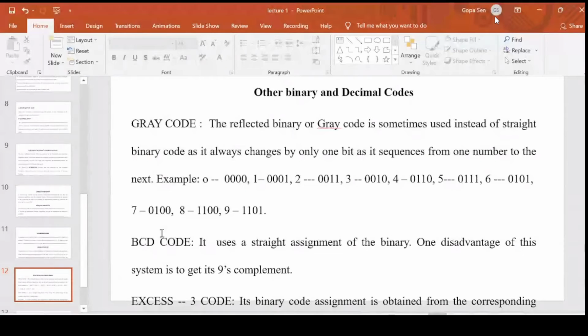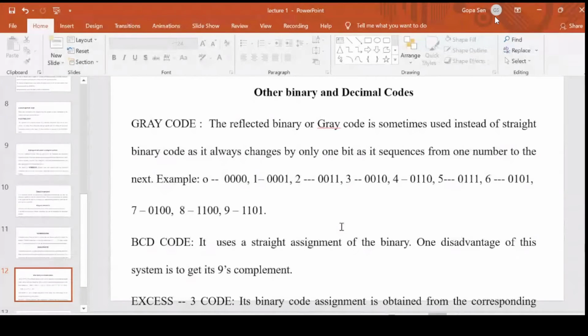Next one is BCD code. BCD code stands for binary coded decimal. Now, whenever we represent a number in the decimal system, we can represent large numbers, as for example 6,431.